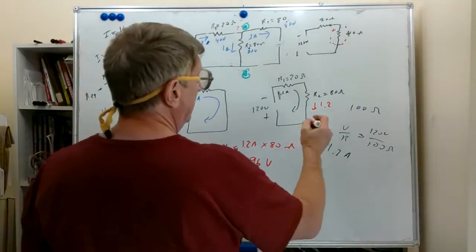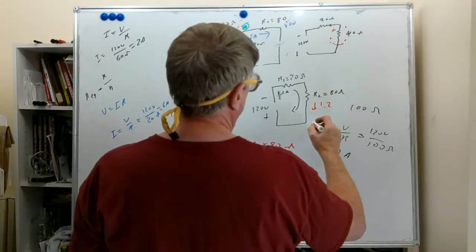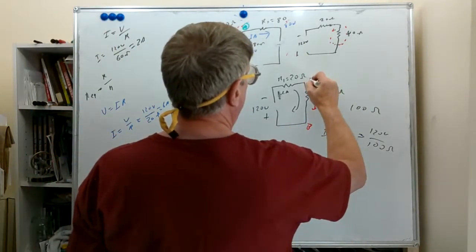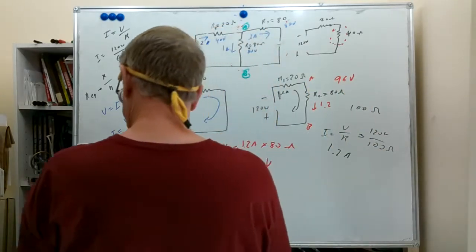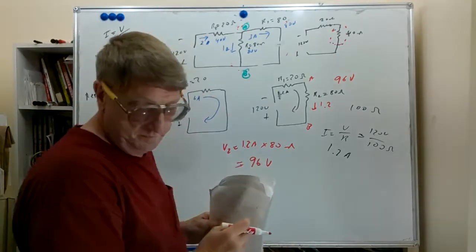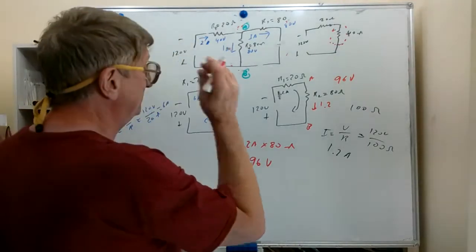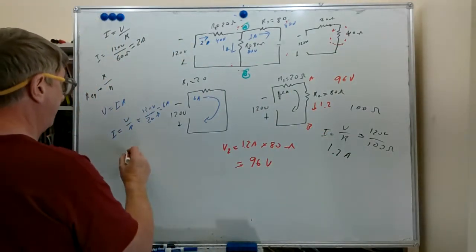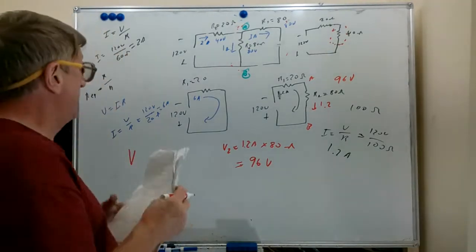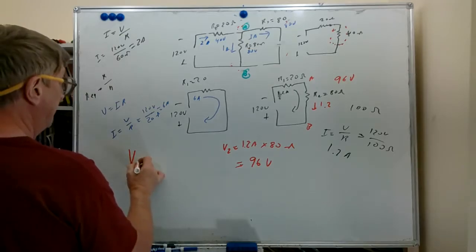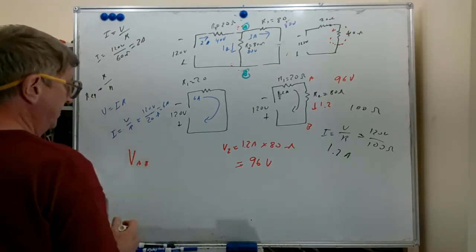So across here, which we might write as V, VA referenced to B, VB.